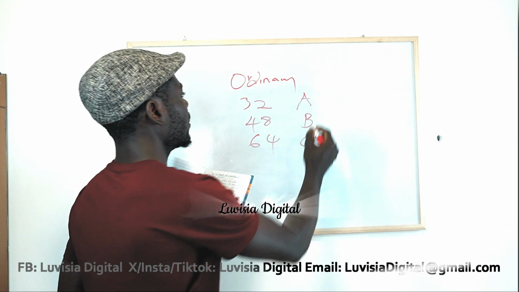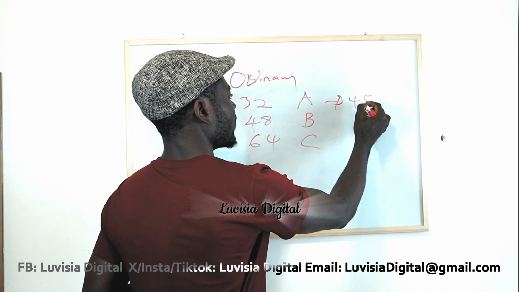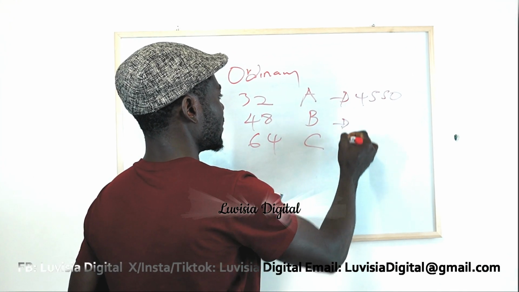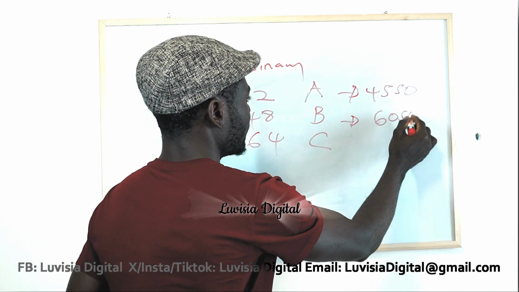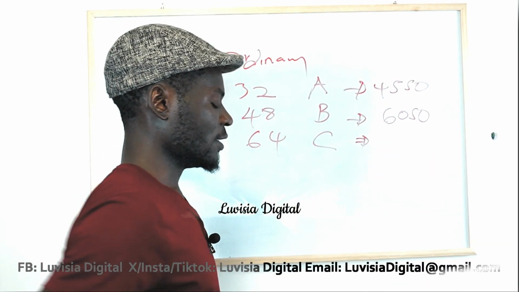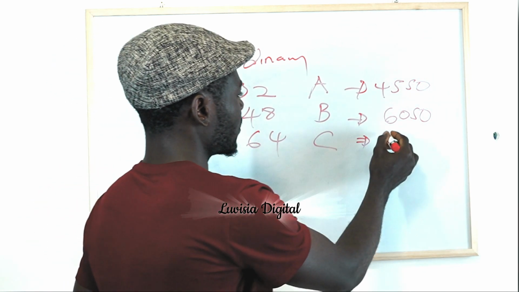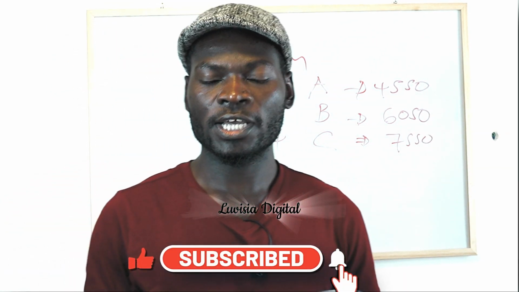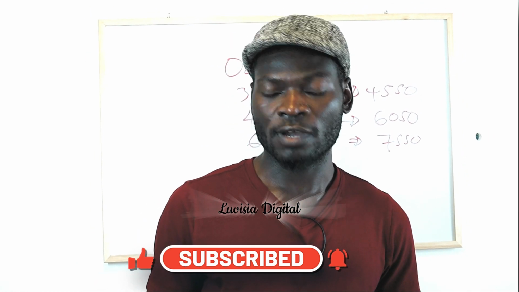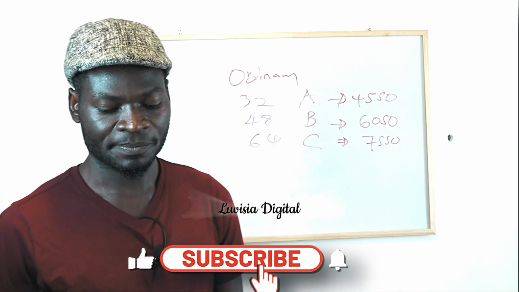The first one costs 4,550. The second one costs 6,050. Then the 64 series costs 7,550. So if you would like to apply for a passport, you have to know the different types of passports and which passport you would like to apply for.